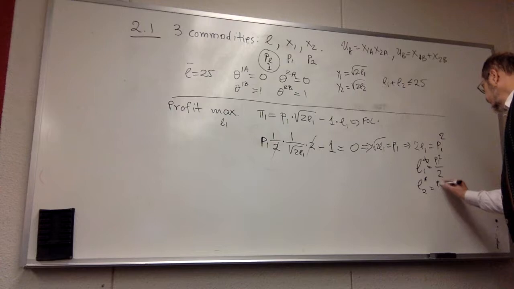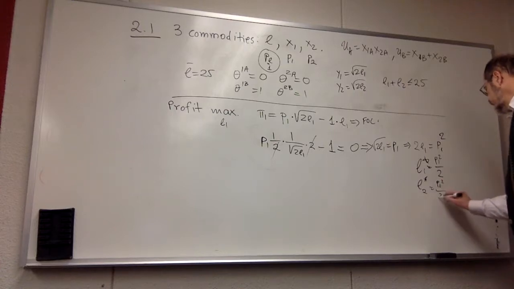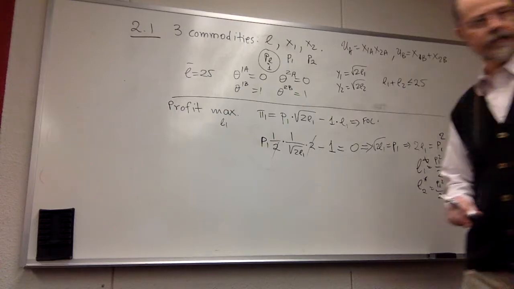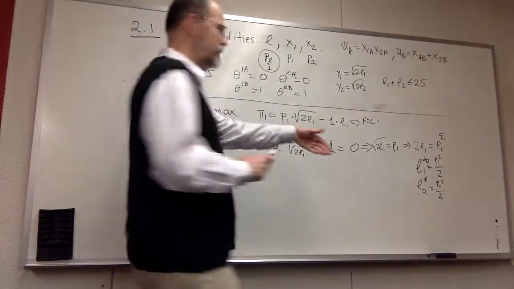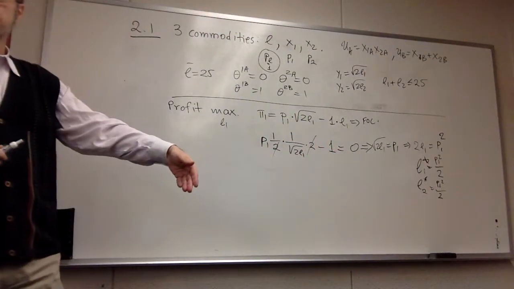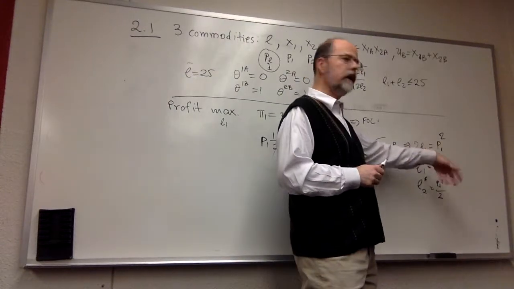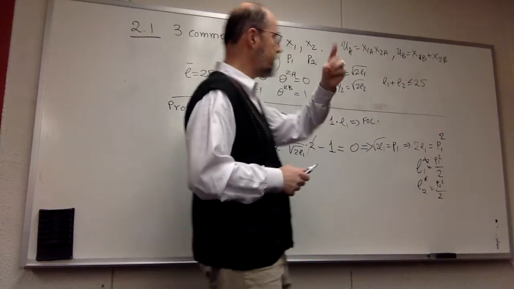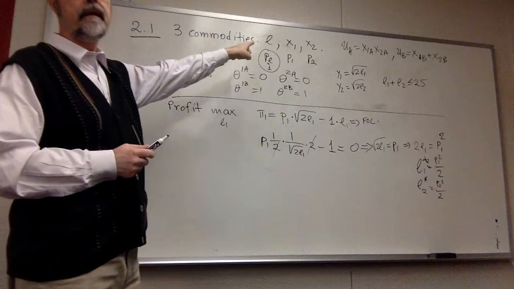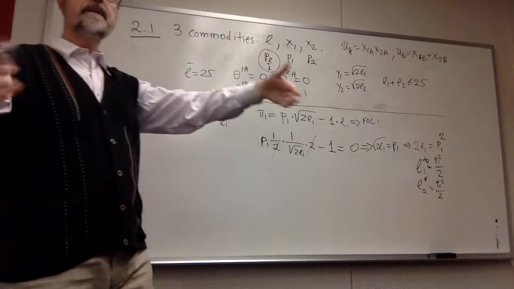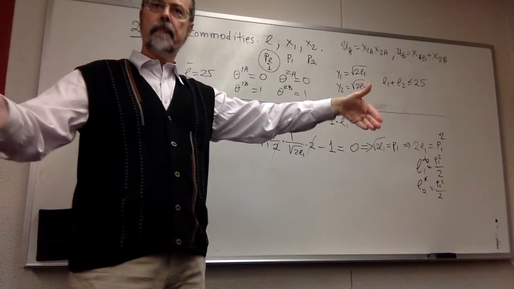For that one, you will get P2 squared over 2, right? Nothing is different except the subscripts. But don't be tempted to think that one of P1 or P2 can be 1, because we have 3 prices and we already set 1 to 1. So P1 and P2 need to stay in your notation.